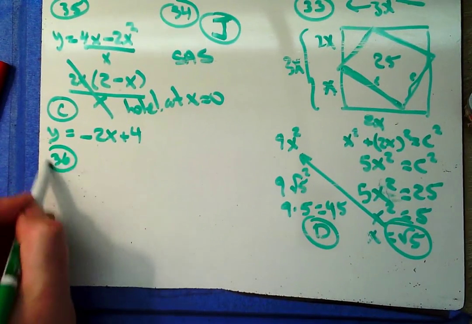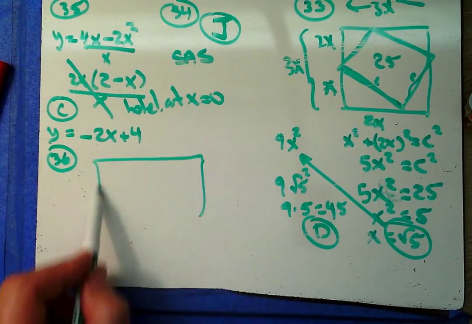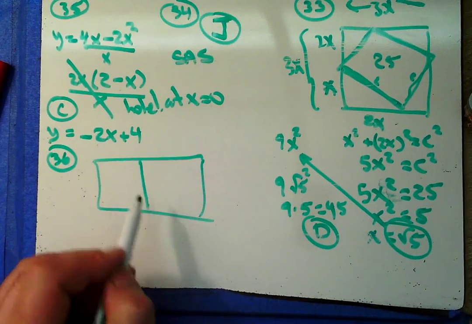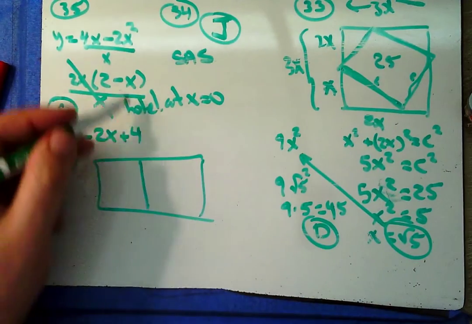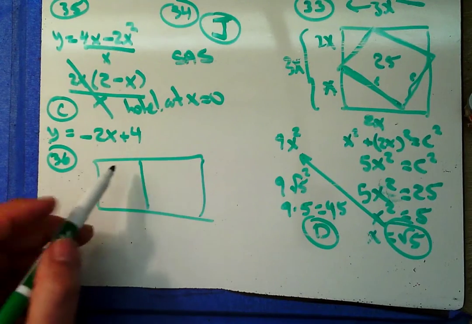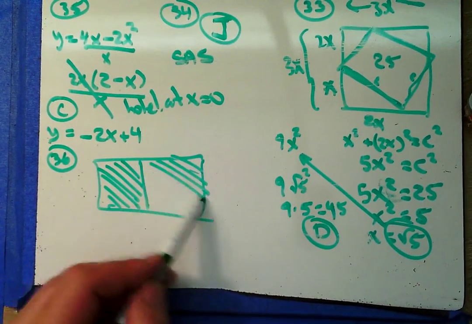36. 36 says a line in a plane. Okay, so here's a plane, goes on forever. I'm bounding it. Here's a line, and the line goes on forever just like the plane does. And how many sets of points do not contain the line? Well, this is a set of points, and this is a set of points.